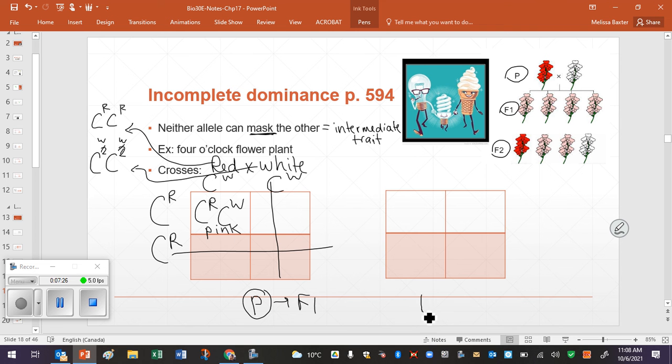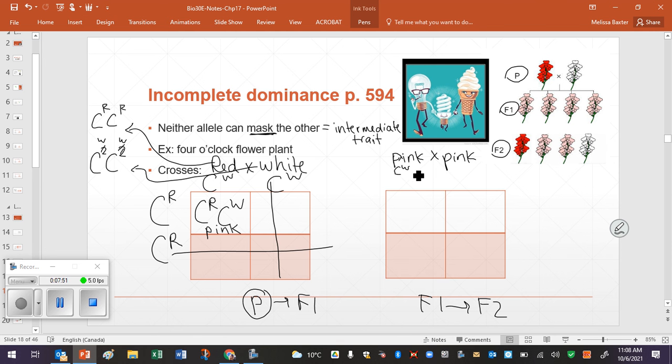Now in the next Punnett square, we're going to take the F1 generation and make an F2 generation. When we're doing that, unless it specifies otherwise, you always take two F1 organisms, they generally have the same genotype, and cross them. So I'm going to take two of these pink flowers and cross them.